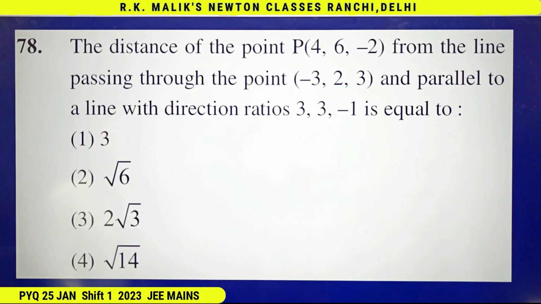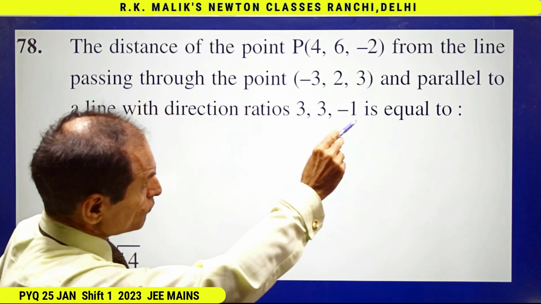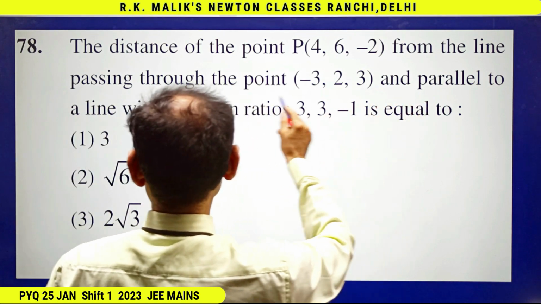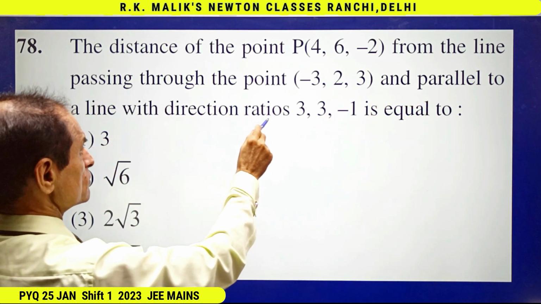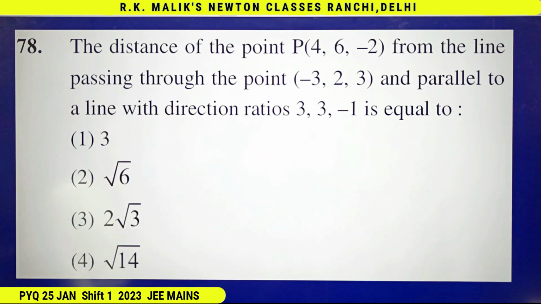In this question, it is given that the distance of the point P from the line passing through the point this and parallel to a line with direction ratios 3, 3 and minus 1 is equal to, you have to find the correct choice.